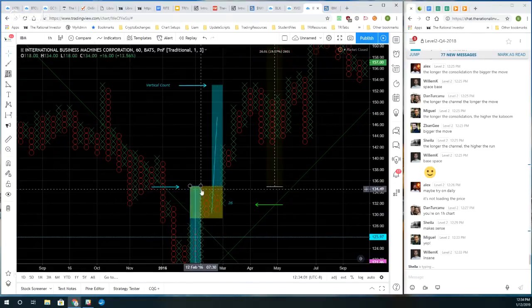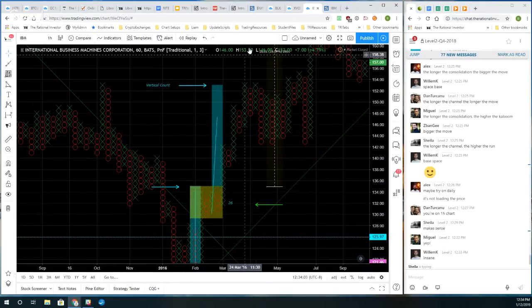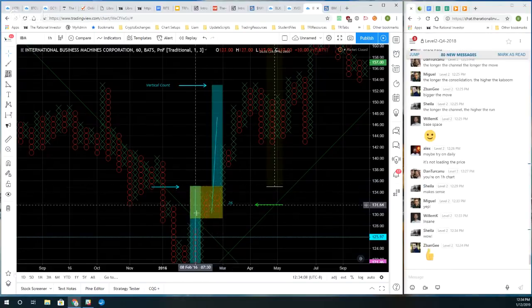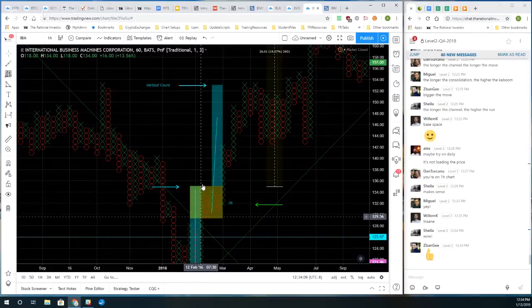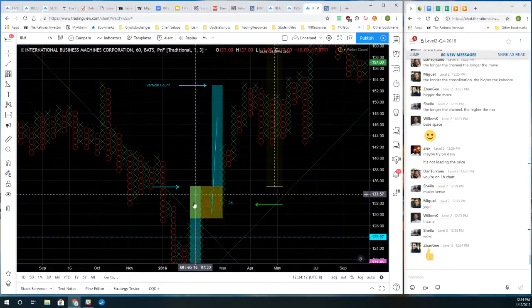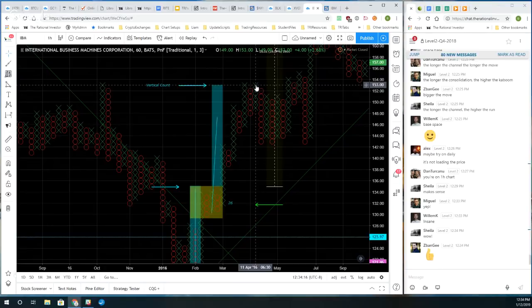That energy is now going to be expressed on the other side of this breakout, and it should basically equate to the amount of energy. The number of boxes within this range gives you an ultimate price objective.